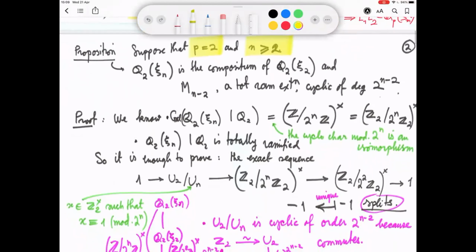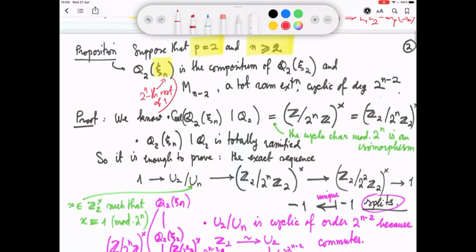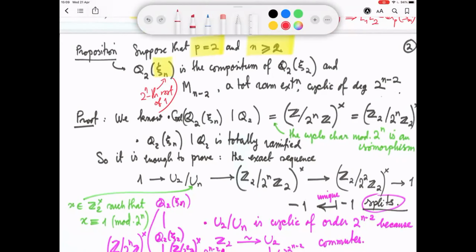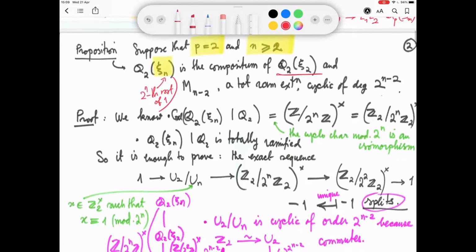Then when I adjoin a primitive 2 to the nth root of 1, that is psi n, sorry, not zeta n, psi n, to Q2, that is the compositum of Q2 psi 2, excuse me, not zeta 2.